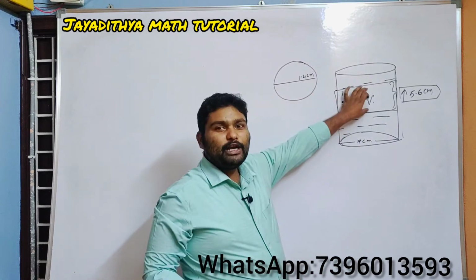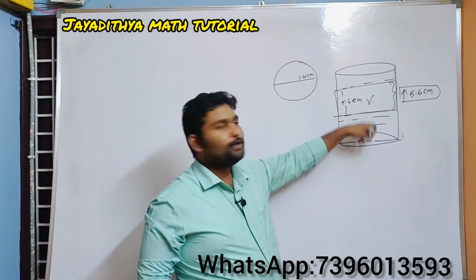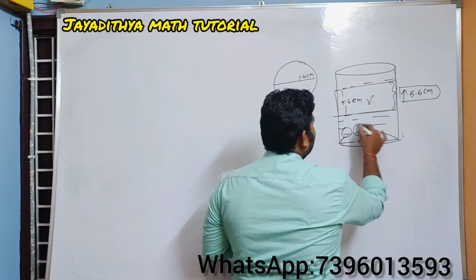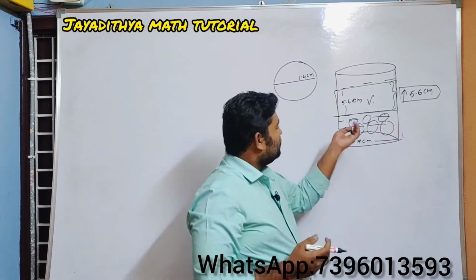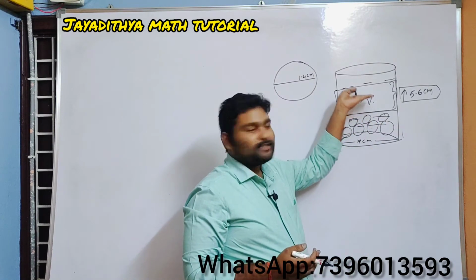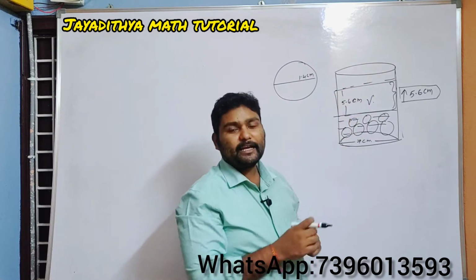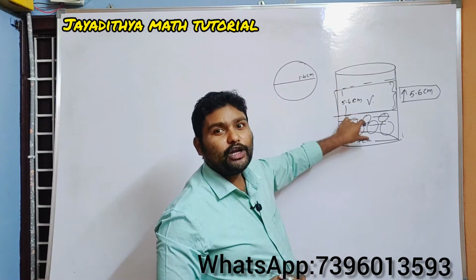This volume will be equal to the volume of the number of marbles you put inside the beaker. Getting my point? If you are putting some marbles like this, the water level will be increased here. So the increased volume will be equal to the volume of the marbles.